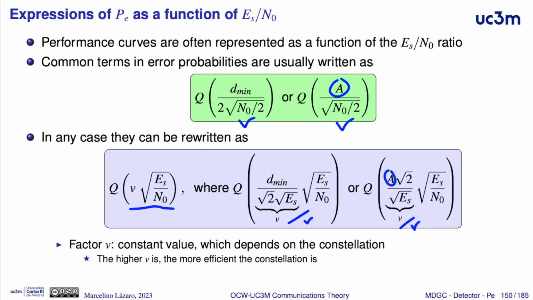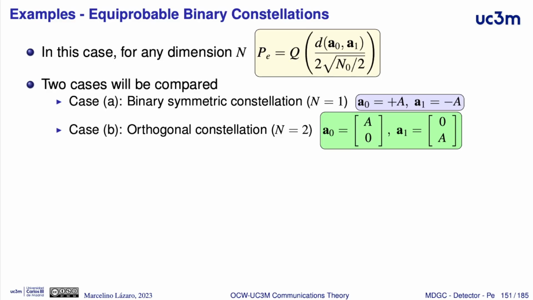Now we are going to plot the probability of error as a function of ES divided by N0 for two examples. We are going to consider two examples of binary constellations, where the probability of error is given by Q evaluated at half of the distance between the symbols divided by a square root of N0 halves.